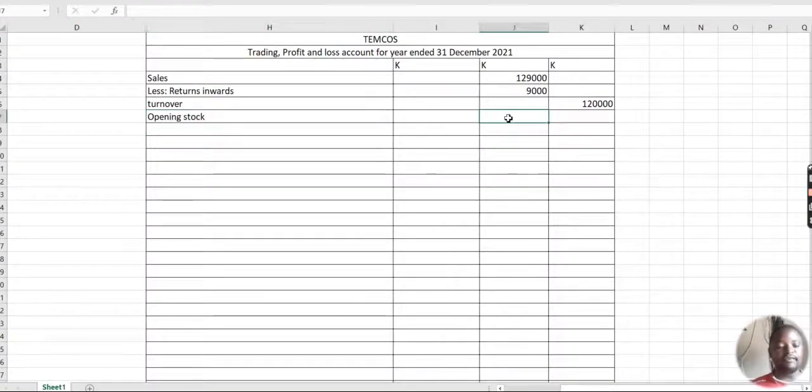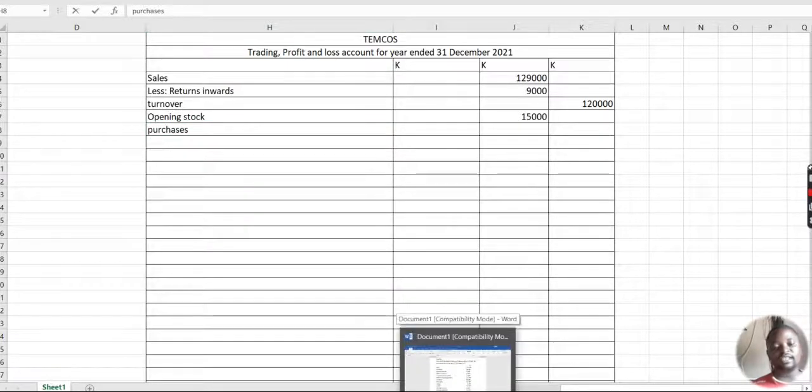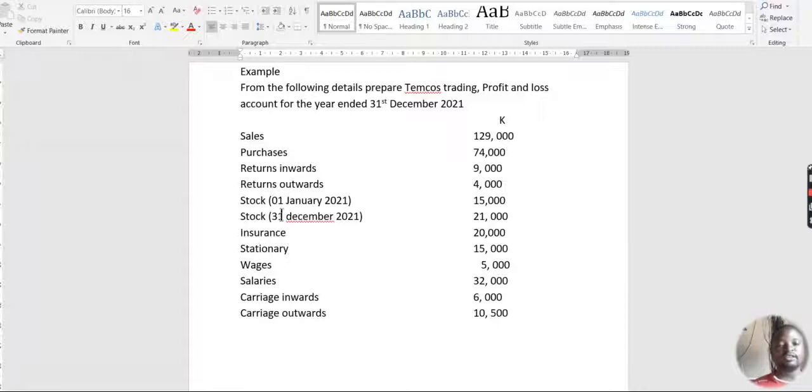Now remember, every time opening stock is posted in the middle column, then we say purchases. Purchases, the goods that we bought for sale. Now, before you post purchases anywhere, you should ask yourself questions. Do I have purchases returns and do I have direct costs? So let's go there. Yes, we have returns outwards.